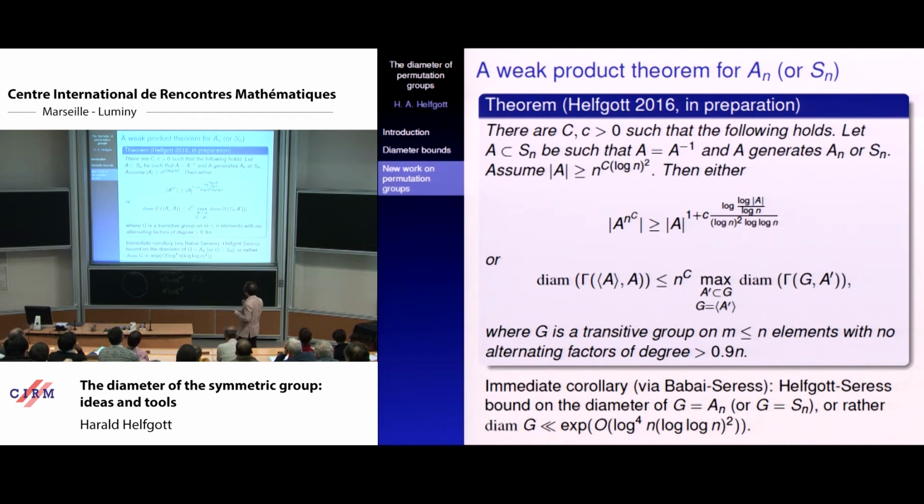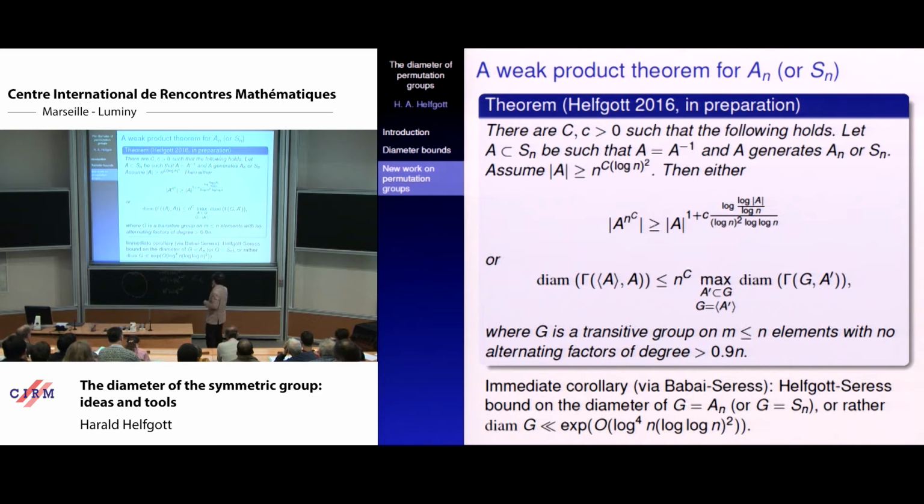So it's an immediate corollary via Babai-Seress that you get from here a bound like that in Helfgott-Seress. Well, in fact, it's worse by a factor of log n, but at least you get it as a result of the kind of result that I really wanted. Also, a small note.